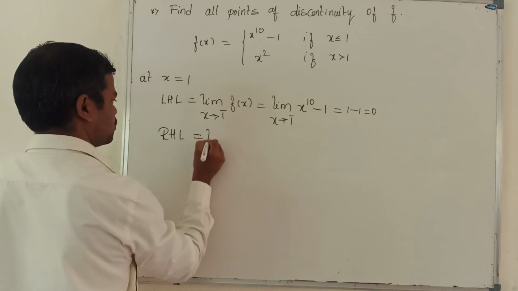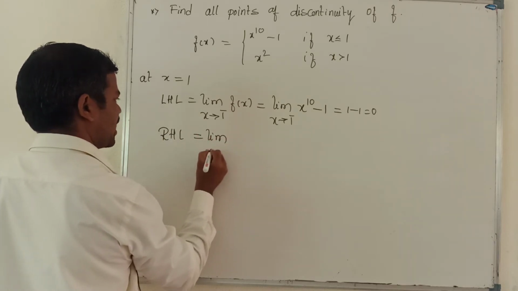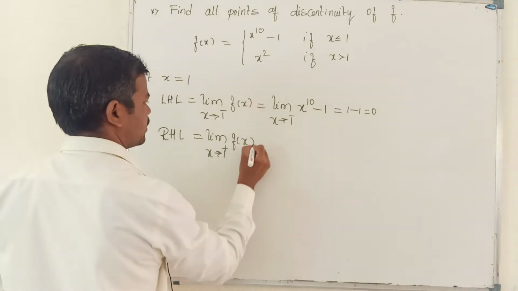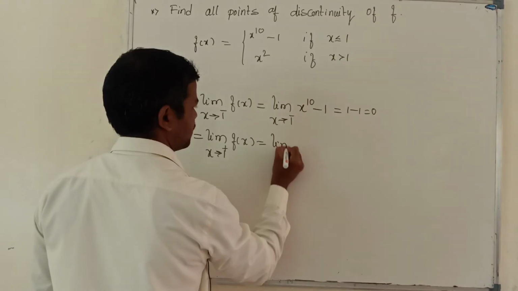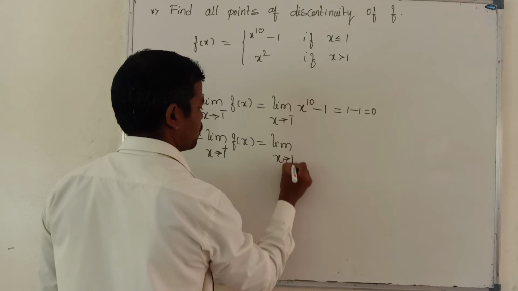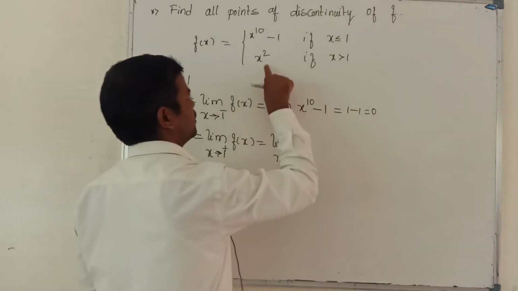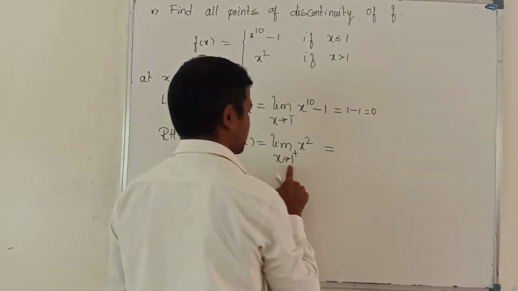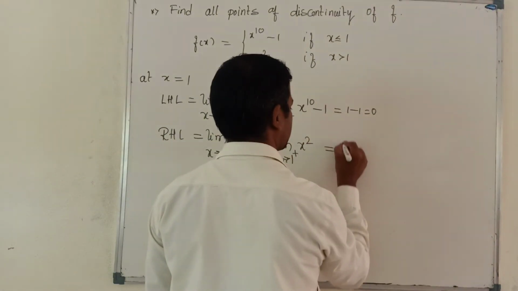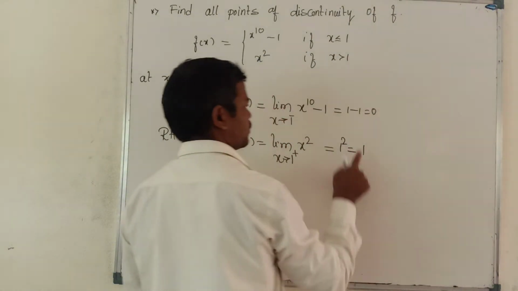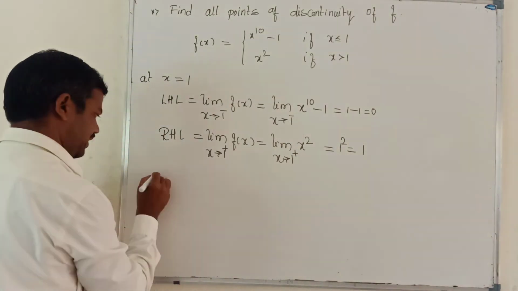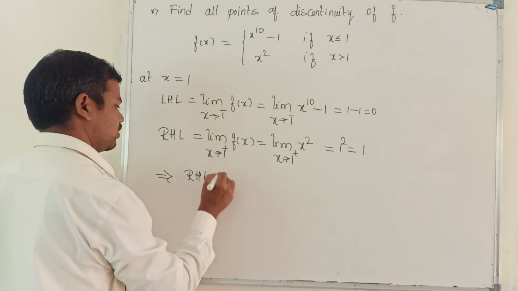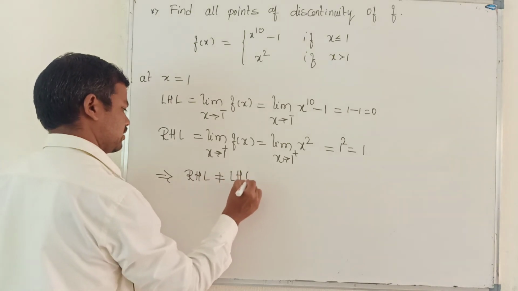Then RHL is equal to limit as x tends to 1 plus f of x, and here f of x is x square. So where there is x we put 1 square, that is 1. So LHL is not equal to RHL.